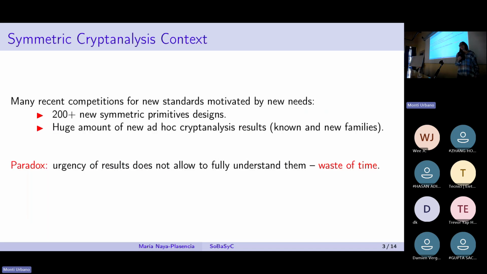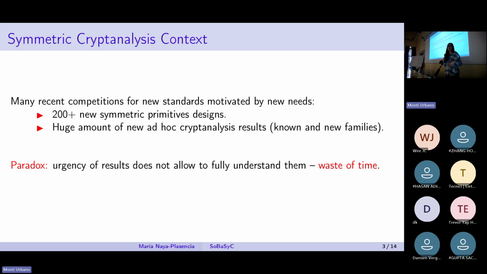To understand how we got here, it's very important, for me at least, Patrick doesn't agree, to understand that in the last 2 decades, we have had many competitions for finding new standards, or non-official competitions. And there have been many new needs. Trying to count, I think there are many more, but we have seen more than 200 new symmetric designs appear, which is very big.